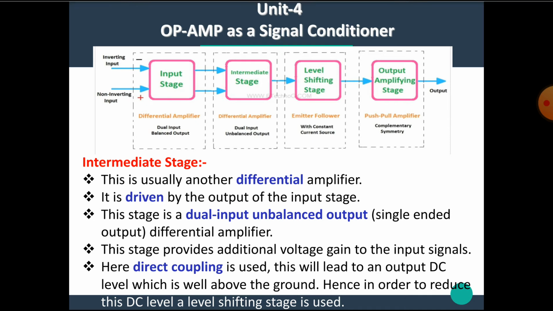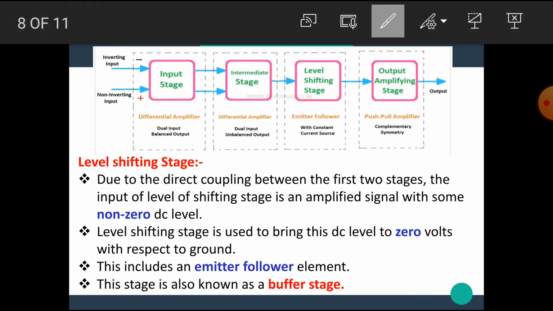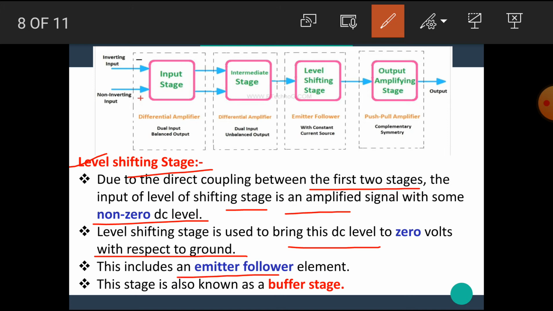Let's see the third block, the level shifting stage. Due to the direct coupling between the first two stages, the input of the level shifting stage is an amplified signal with some non-zero DC level. The level shifting stage is used to bring this DC level to 0 volt with respect to the ground. This includes an emitter follower element.